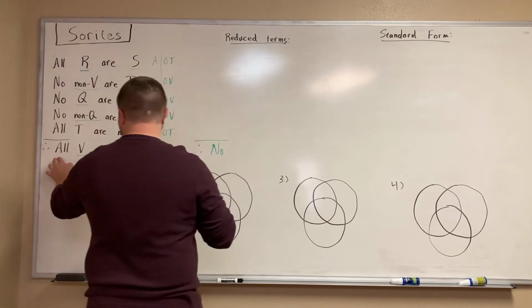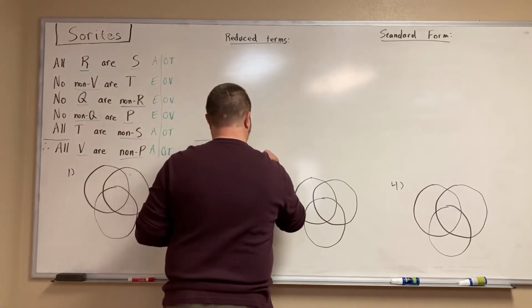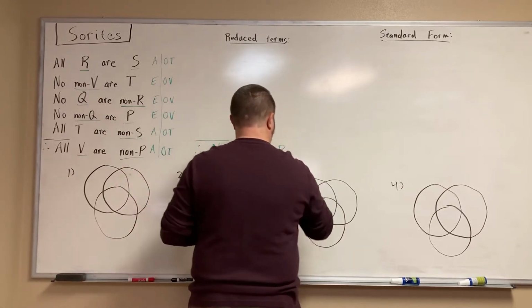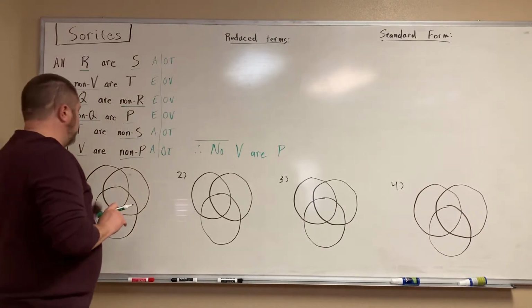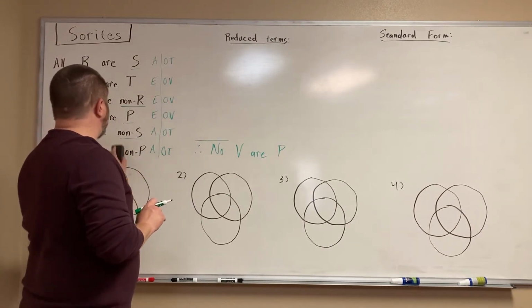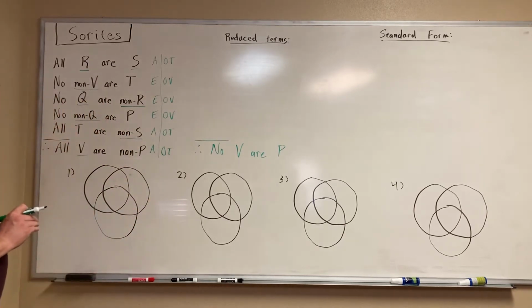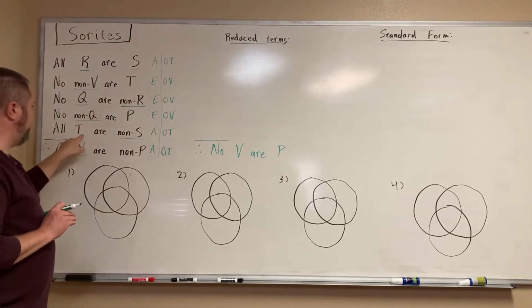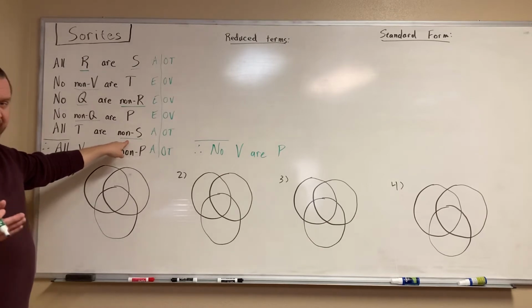Change the quality, so no instead of all. V stays the same, and we'll complement the predicate. So that turns into no V or P. So let's erase that line. And we got us one step closer. And then since we want to keep T the same, this would be a good option for obversion as well.